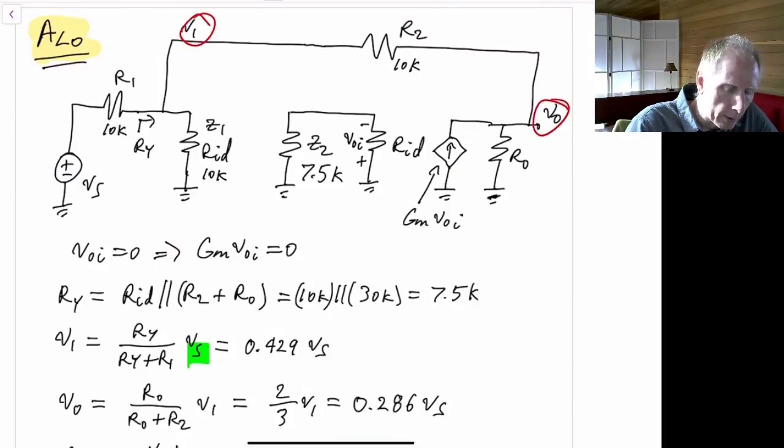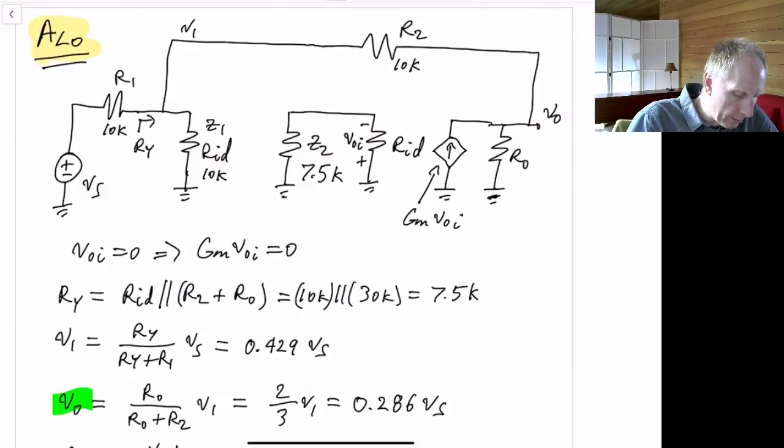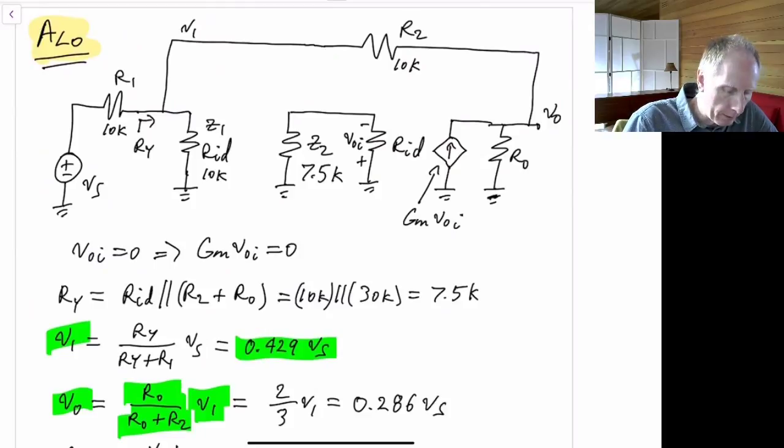To get the voltage here, it's just another resistor divider between R0 and R2. So we have that Vout is equal to R0 over R0 plus R2 times V1. V1 is given by this formula up here. Actually, first off, before we do that, this 2/3 factor is R0 divided by R0 plus R2.